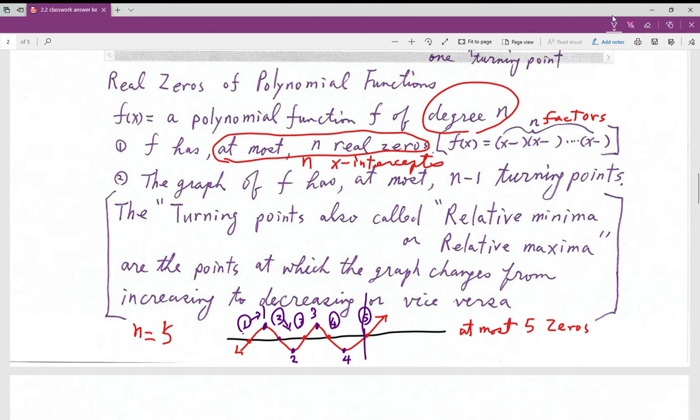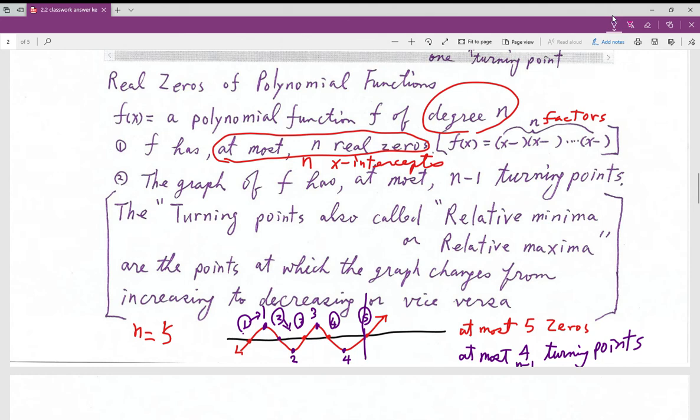So if you have at most 5 zeros, n equals 5, then you find at most 4 turning points. Turning point basically is the relative minimum or maximum. So you say n minus 1.